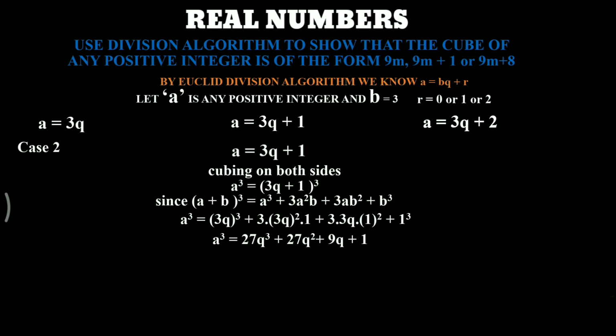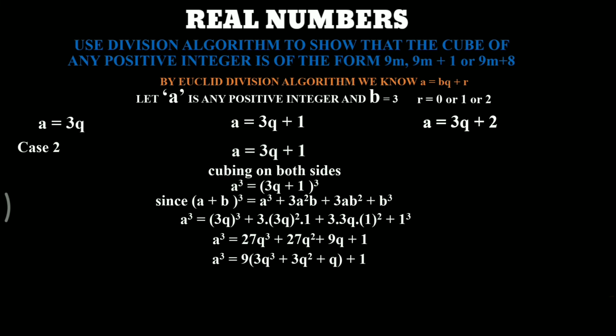For the first 3 terms, if you observe 27, 27, 9, all of these are multiples of 9. So I am going to take 9 common in the next step. If you take 9 common, the remaining is 3q cube plus 3q square plus q. Simplify this: 9 into 3q cube is 27q cube, 9 into 3q square is 27q square, 9 into q will become 9q.